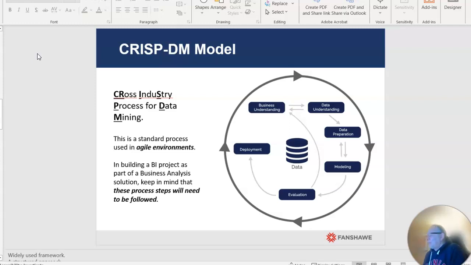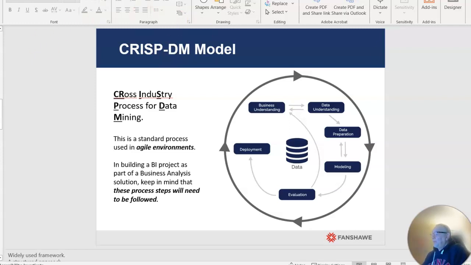Then we evaluate the performance of our model. Basically this phase is when you partition your data, you split it into two sections, what we call a testing data set, and then we also have a training data set, where we validate the model and use it for predictive analysis.